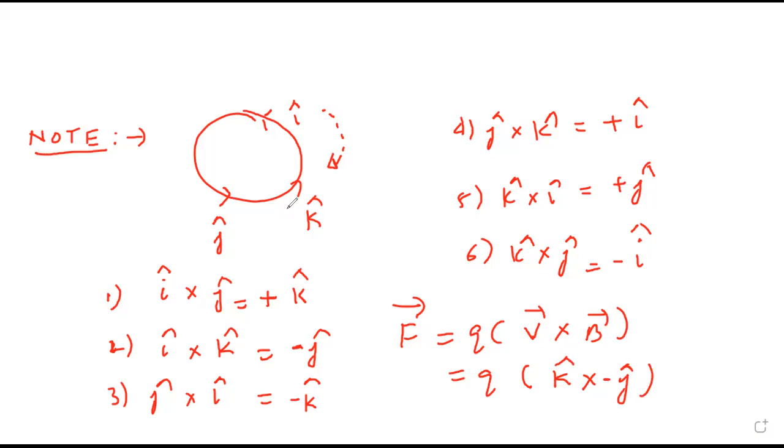K cross J is minus I. Minus I, into this minus, so it will become plus I. K cross J is minus I, minus minus will become plus I. Follow?